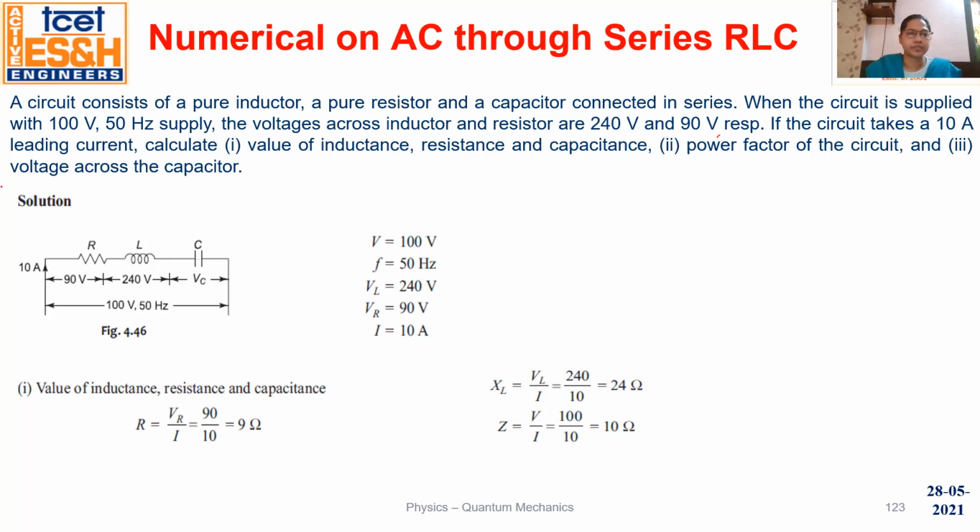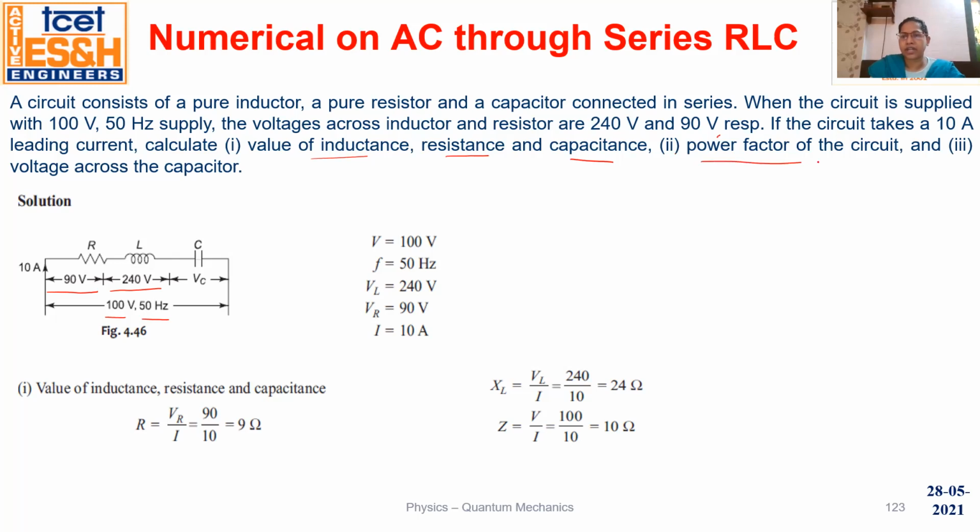So here two voltages are given, across the inductor and across the resistor, and supply voltage is 100 and frequency is 50 hertz. Now they ask, if the circuit takes a 10 ampere leading current, calculate the value of inductance, resistance, and capacitance.